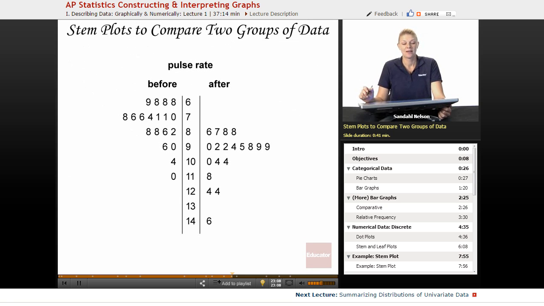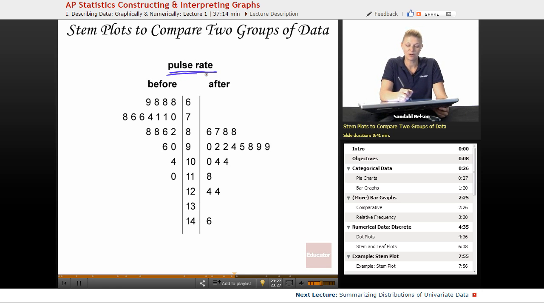Okay, so let's extend upon our stem and leaf plot and do a stem plot to compare two groups of data. So this is a really common type of question because it gets at graphing, it gets at summarizing graphs, and it gets at comparing distributions. So here I have an example.